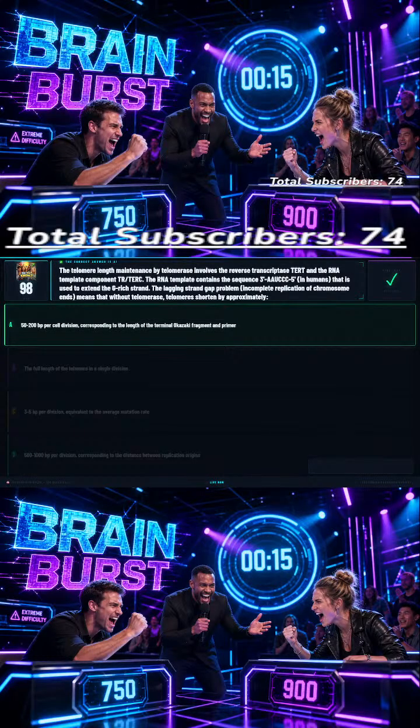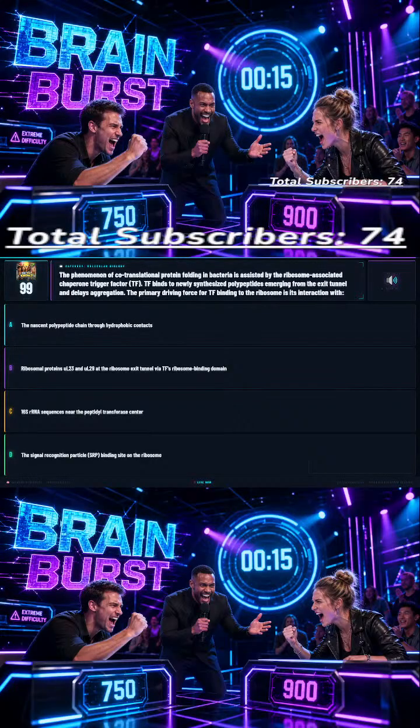Question 99. Co-translational protein folding in bacteria is assisted by the ribosome-associated chaperone trigger factor, TF. TF binds to newly synthesized polypeptides emerging from the exit tunnel and delays aggregation. The primary driving force for TF binding to the ribosome is its interaction with Option A, the nascent polypeptide chain through hydrophobic contacts.